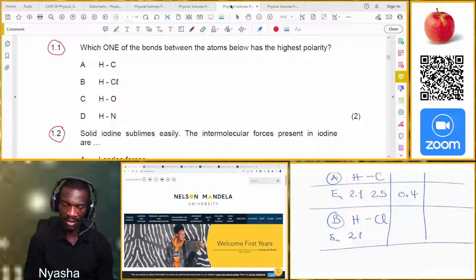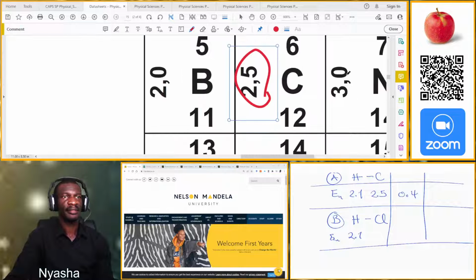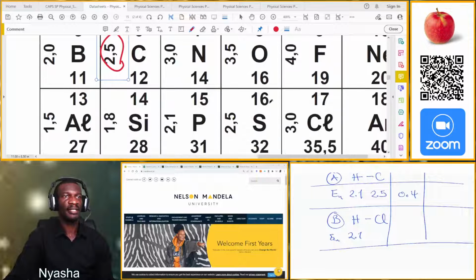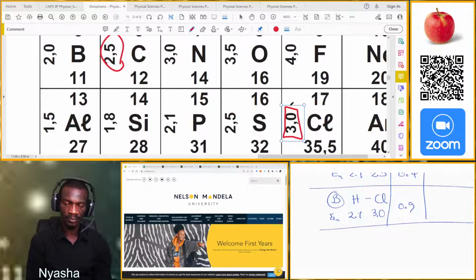And then what is the electronegativity of chlorine? We come up to chlorine. Where is chlorine? There we are. It's a 3.0. So our difference is 3.0 subtract 2.1. That would be a 0.9. C.